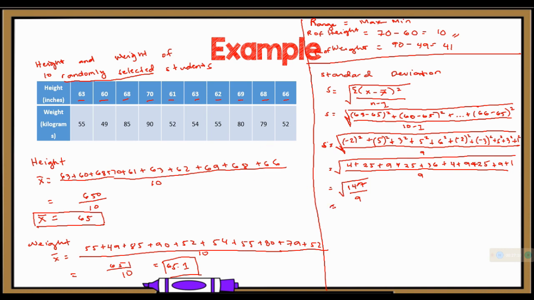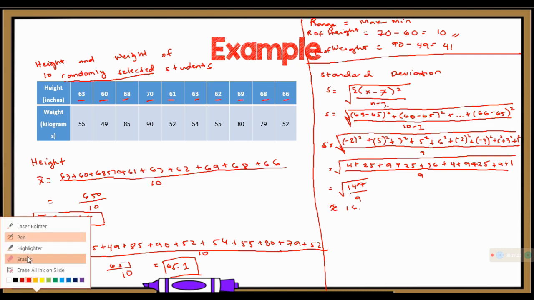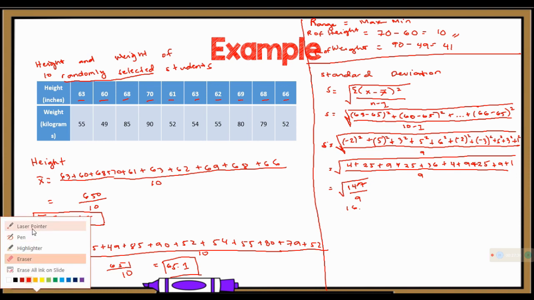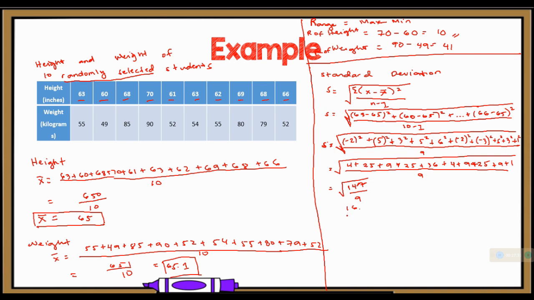That is approximately equal to 16. Purahin ko lang para mas malinaw. This is approximately equal to 16.33. So this is the standard deviation for the height.